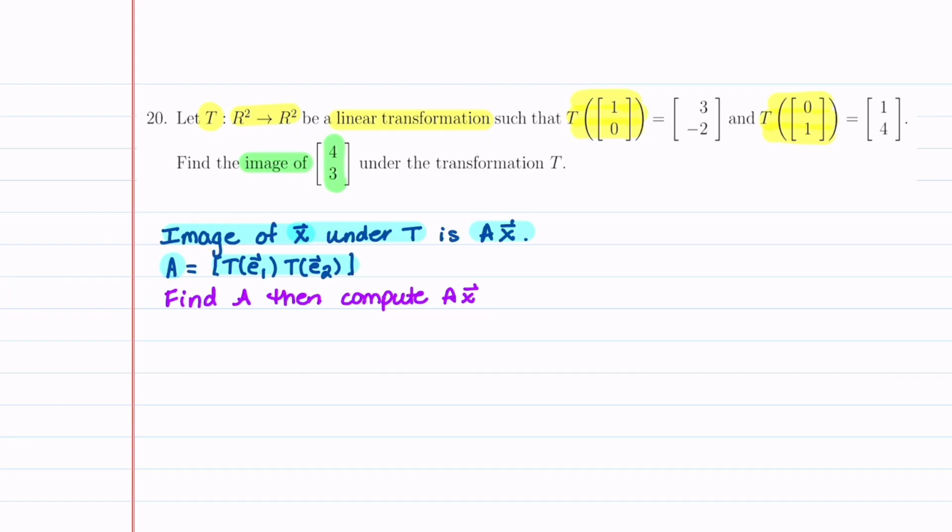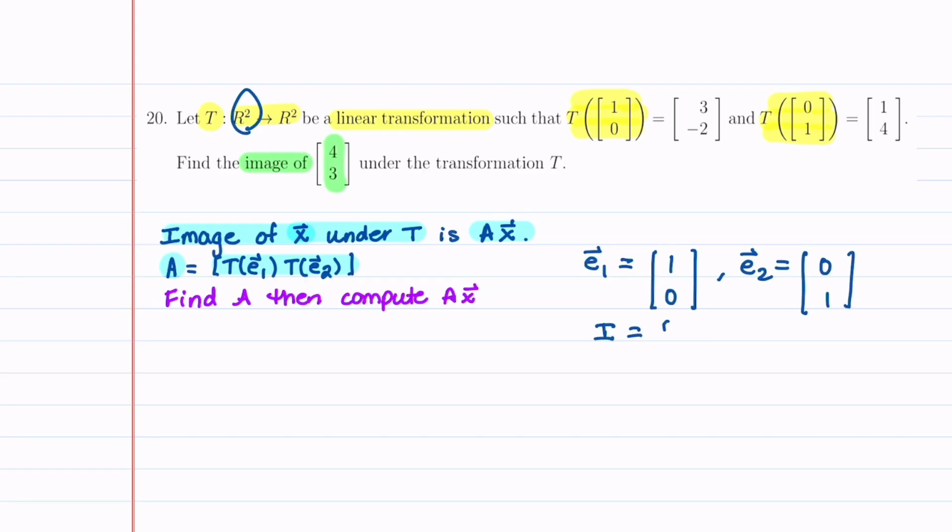Let me write down what e1 and e2 are. e1, because we're in R2, is going to be a 2 by 1 vector, and it's (1, 0). And then our e2 is equal to (0, 1). And these just come from our 2 by 2 identity, [1, 0; 0, 1]. e1 is the first column, and then e2 is just the second column.